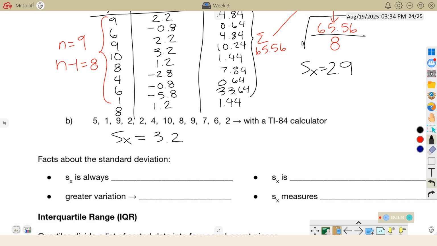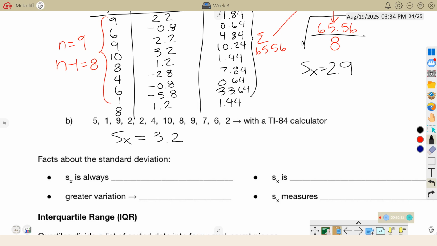Those menus, stat enter to put data in, stat calc enter to do 1-Var Stats, we are going to be doing that a whole lot during first semester. Those are going to become your best friend because that does a whole lot of calculations all at once. Comparing those two standard deviations, which one do we think is more variable?